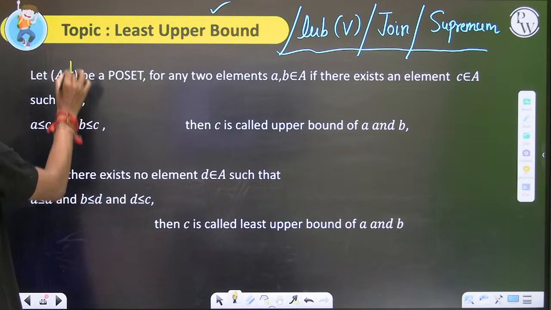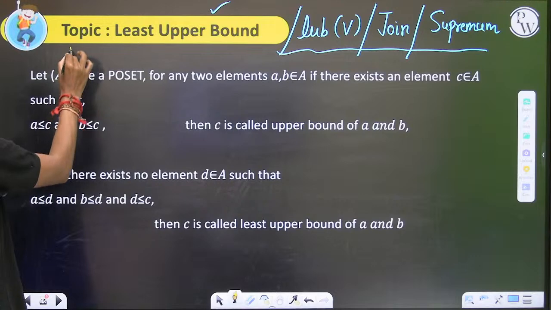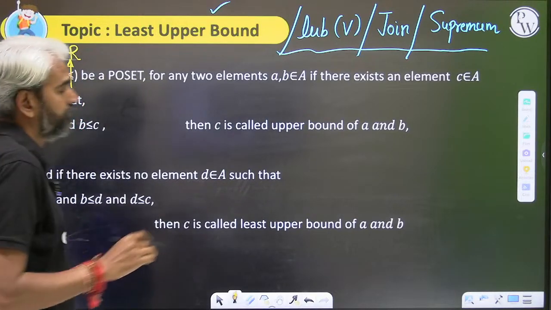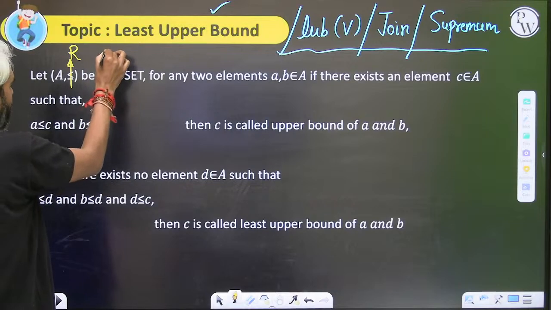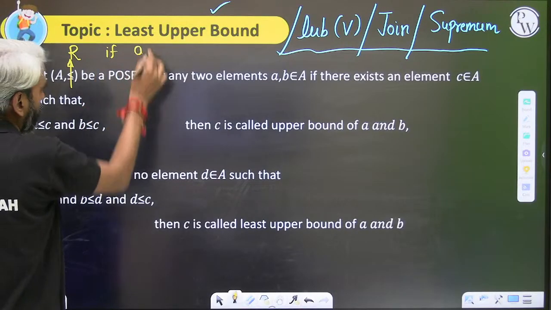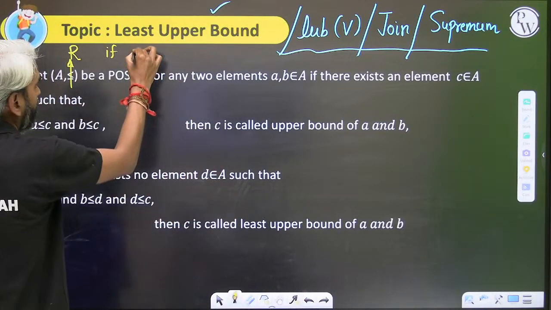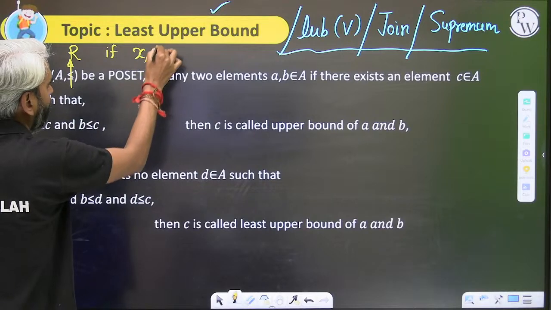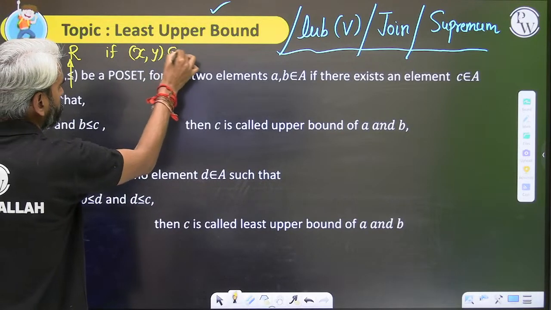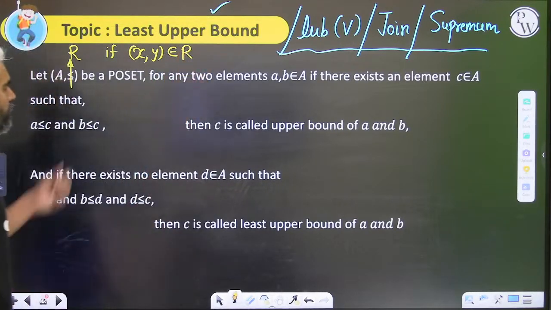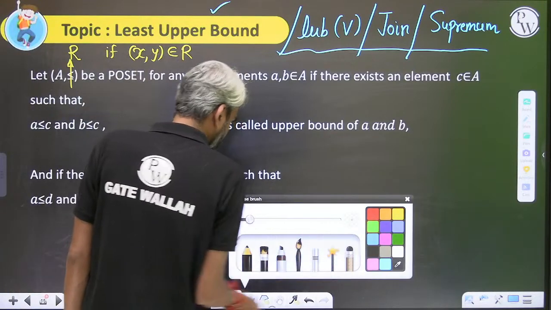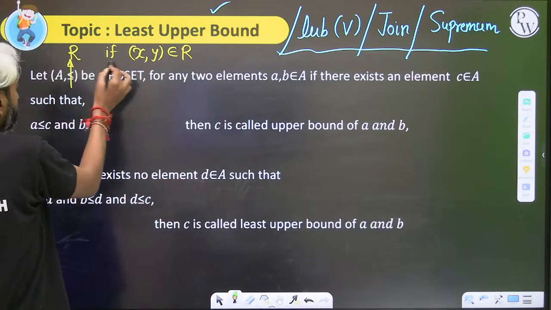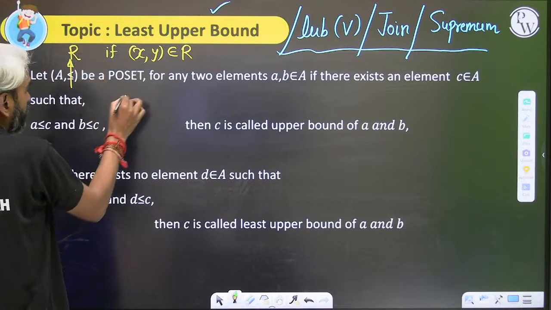So let's assume that this is any partial order relation R. So you just need to understand that in this partial order relation R, if X comma Y belongs to relation R, then let's visualize in terms of less than equals to.